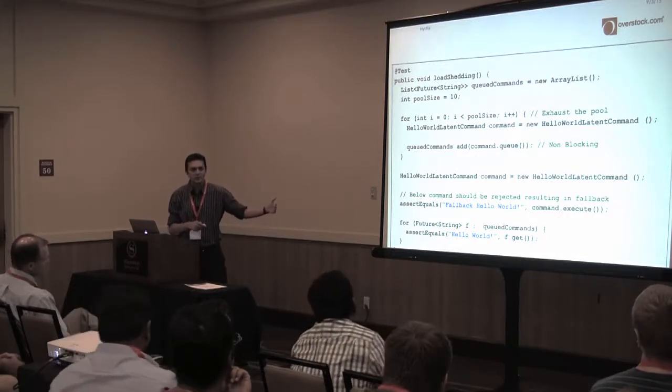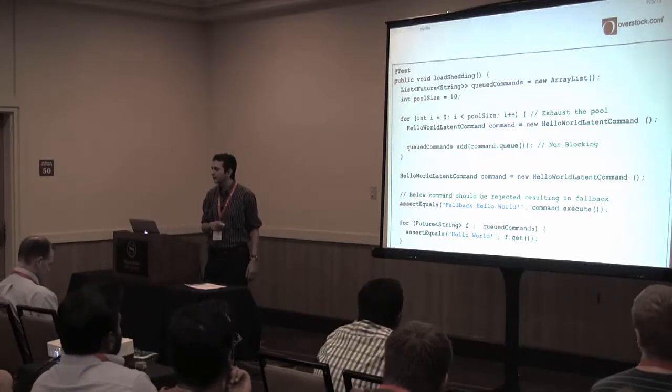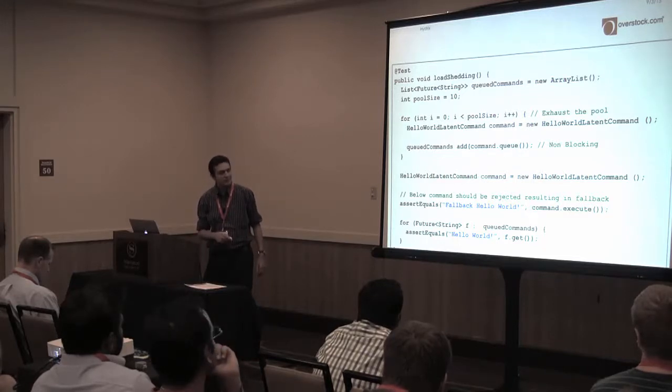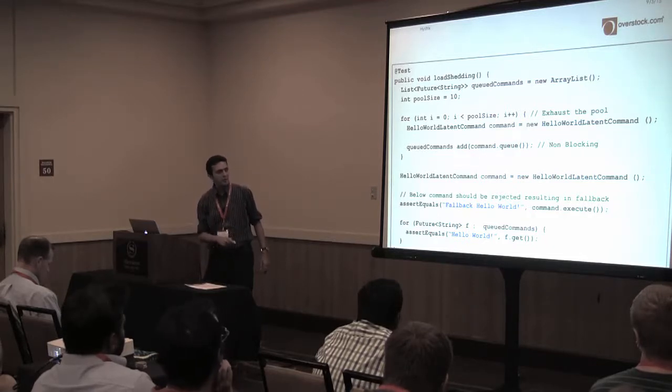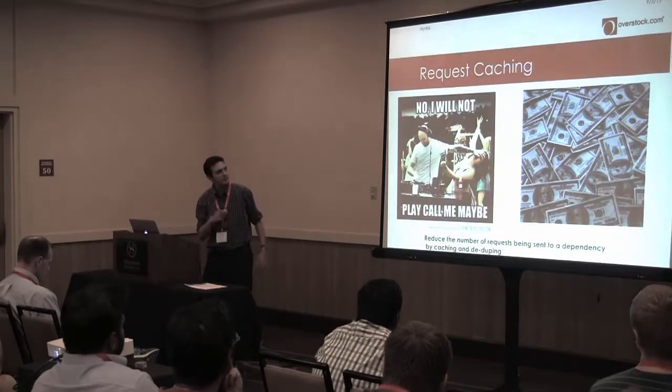Each of them is going to wait for a second, so I'm exhausting the thread pool of 10 threads. And when I run this extra command down here, this command will get rejected because the thread pool was full, and it will result in calling the fallback command. But all the rest of them worked out just fine because they got themselves in time.